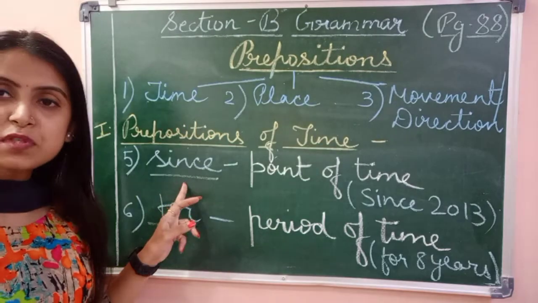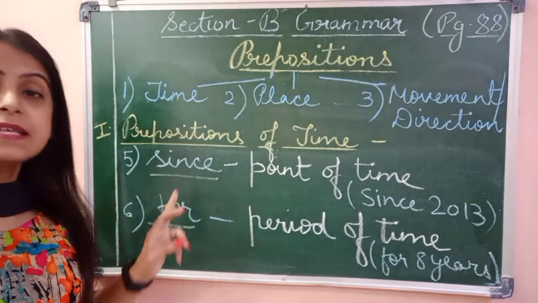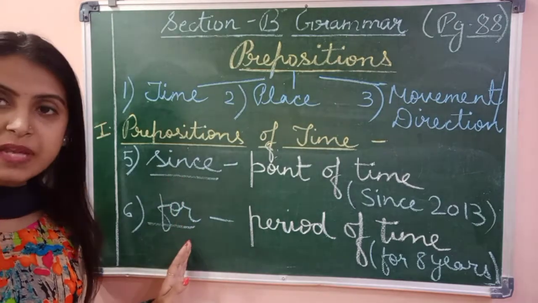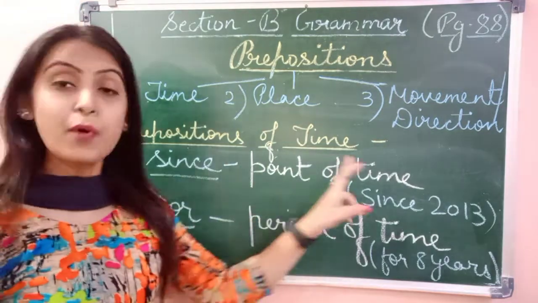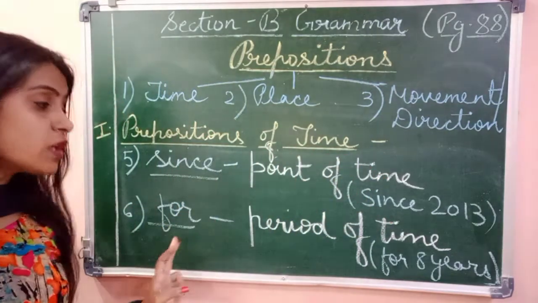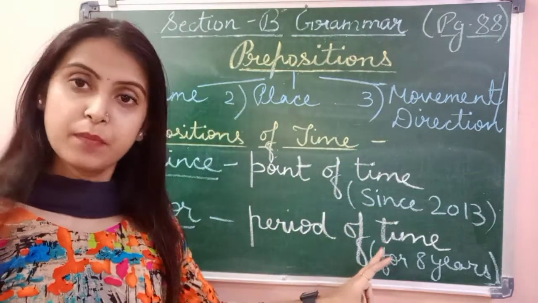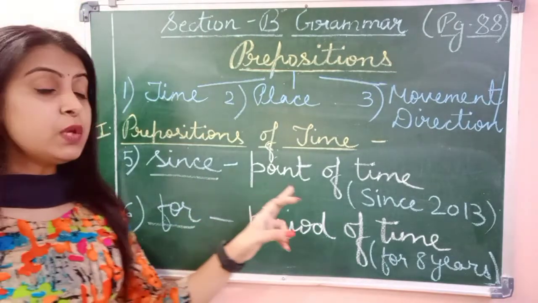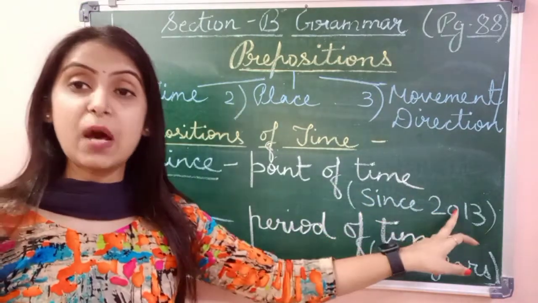The next prepositions of time are since and for. The difference between since and for is that since shows a point of time and for shows a period of time. Okay, for example, I say, I have been working since 2013.